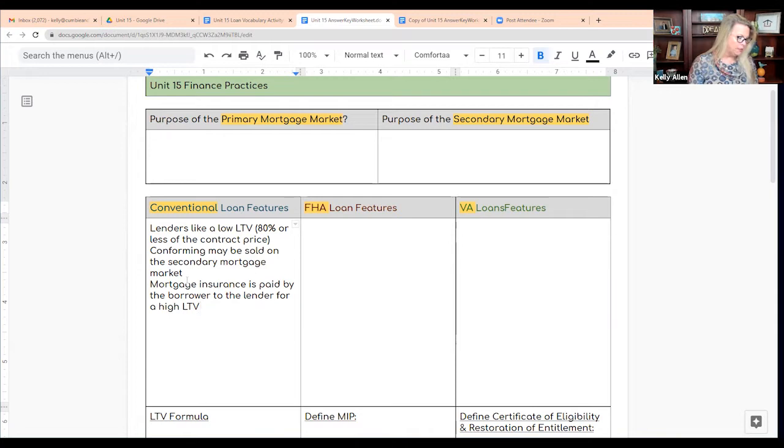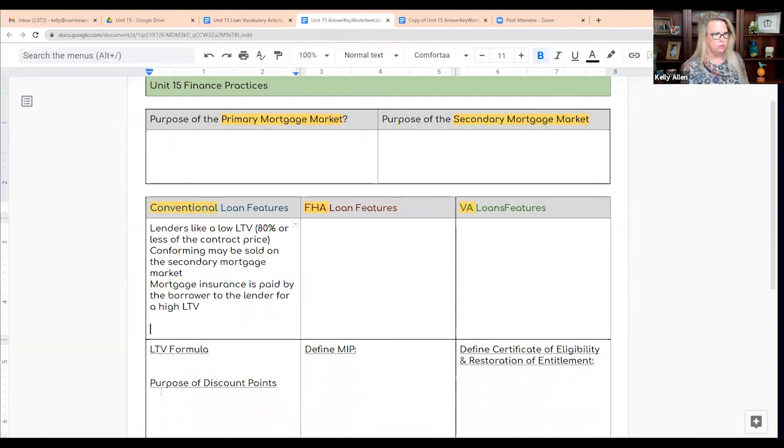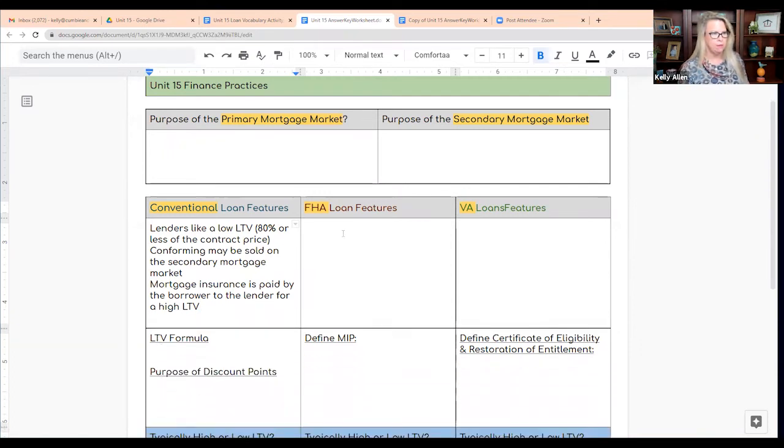Okay, well, amazingly enough, that's all we've got for conventional. Let's take a little time and move over here to FHA. All right, quite a bit of information here for FHA. So FHA, that's the Federal Housing Administration. And if you want to find out more details, you can visit HUD.gov.